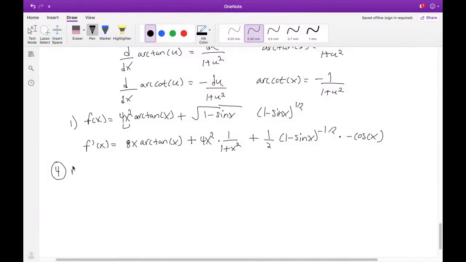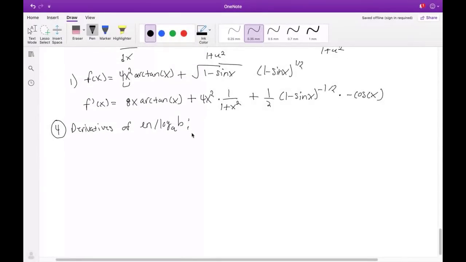So now I'm going to go over the derivatives of natural log and log base a. The formula you're going to want to use is the derivative of log base a of x is equal to 1 over x ln a.